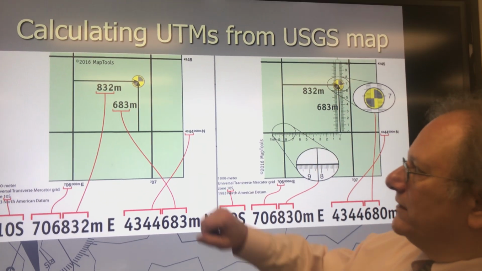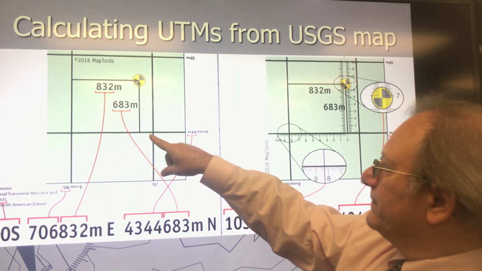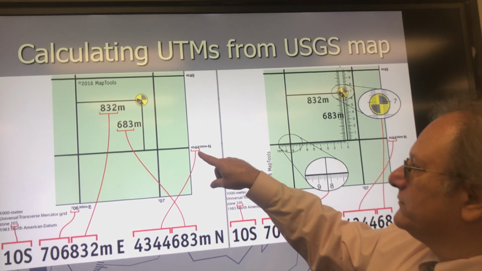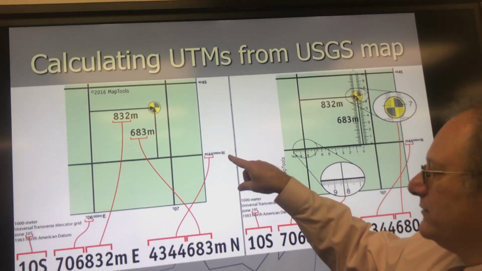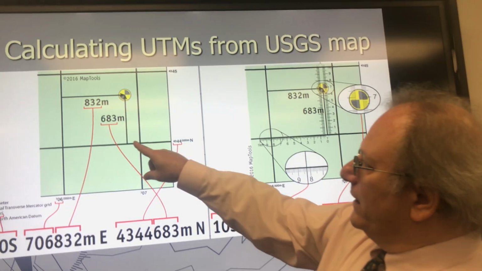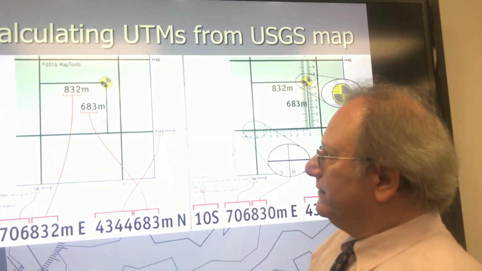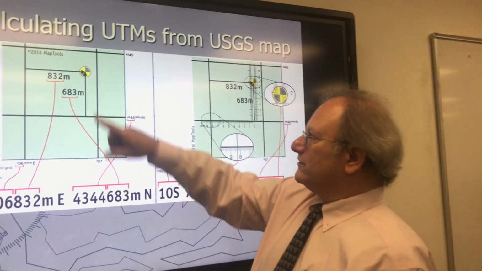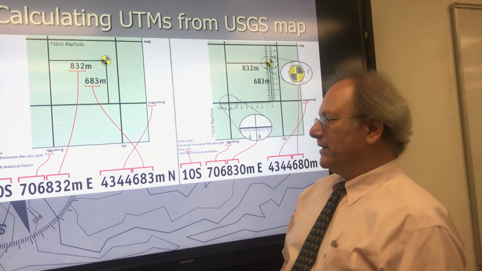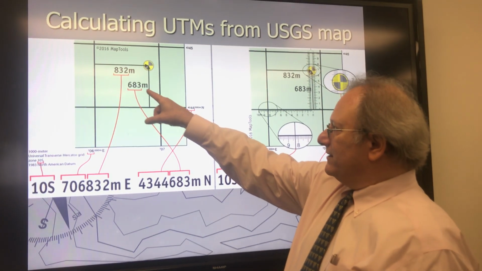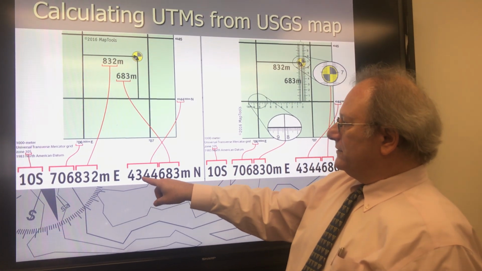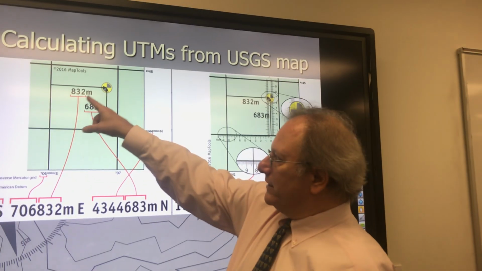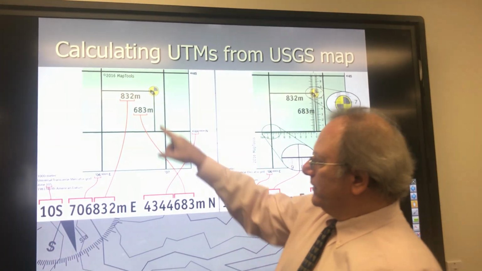You can then also measure north from your UTM line. It may be difficult to read here, but it's 4,344,000 meters north. And then you measure north from that line to your point to get the full coordinate. In this case, it's 683 meters from the line. And so you add this to that, and you get 4,344,683 meters north.